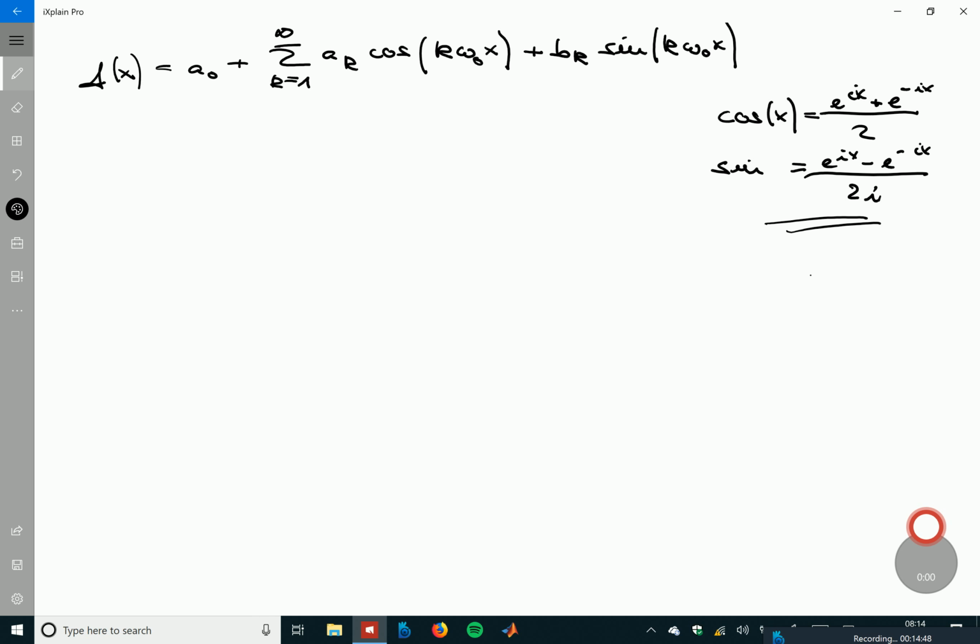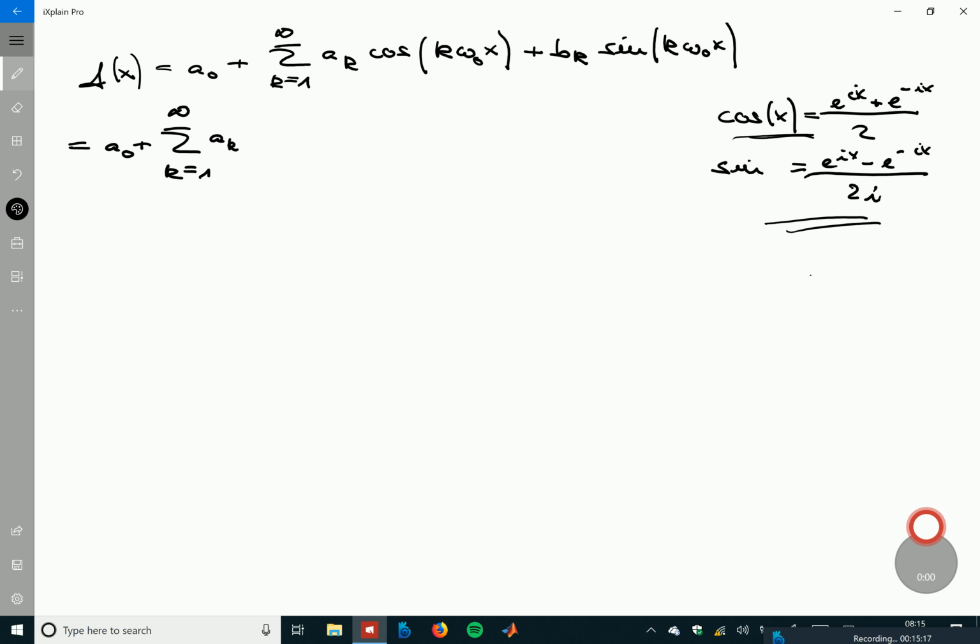So now we just replace the cosine and the sine, and that's what we do. So we get this. We still have a sum from 1 to infinity. We still have our AK coefficients. Remember that we also have the formulas for these AK, BK, and A0. And now we put in for cosine this.